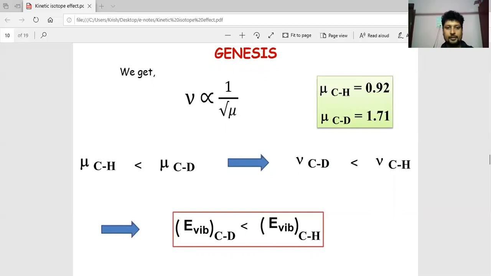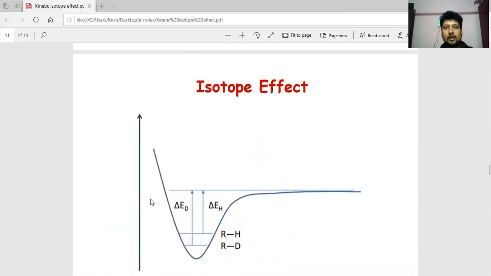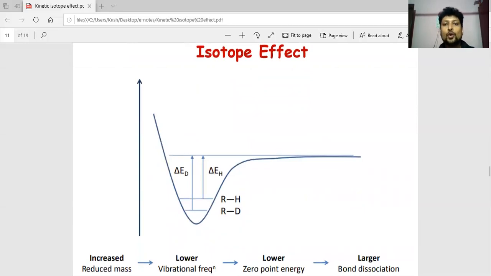This is very important. Now have a look. This is a curve which shows the vibration energy level. Since energy of the CD bond is lower than CH bond, so here have a look, RD bond is shown at the lower stage, and RH bond is shown at a higher energy compared to RD bond. And the straight line that is being shown, it is denoting the bond dissociation energy. That is, up to that level, if you can excite the molecule, the CH bond or here RD bond or RH bond will break.